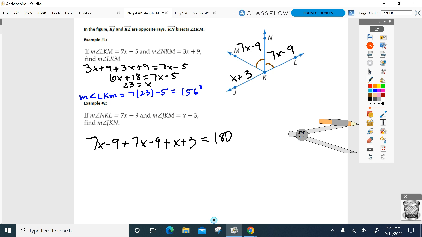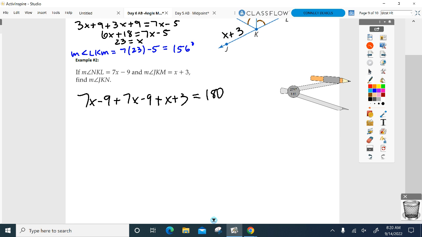And let's finish this up, huh? How many x's do I have there? 15? What about my numbers? Minus 15?